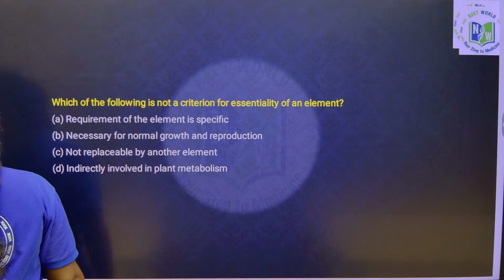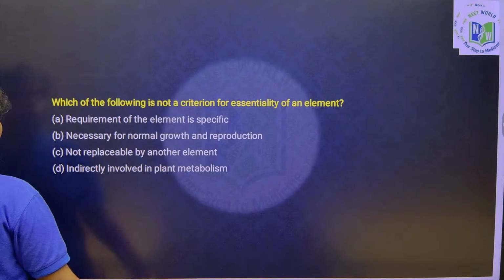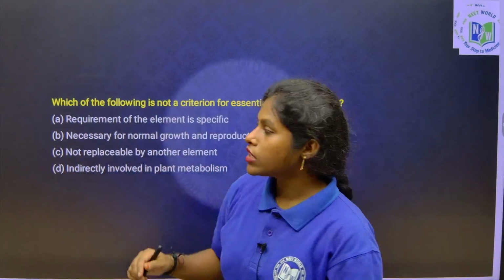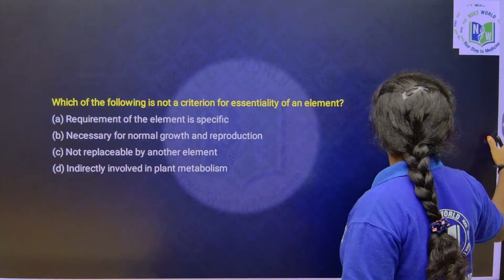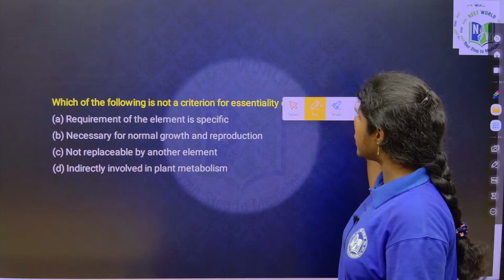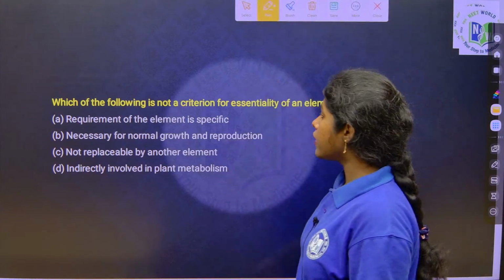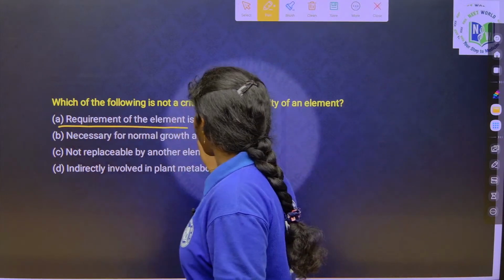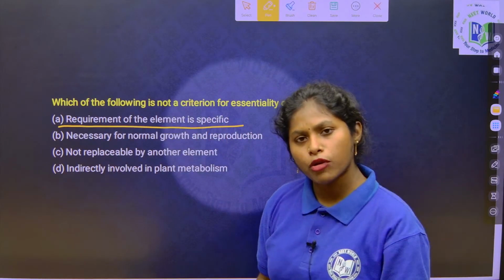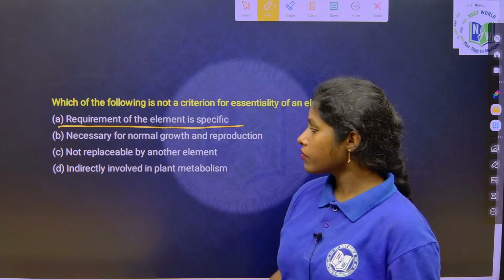Here is the next question, students. Which of the following is not a criterion for essentiality of an element? While studying the chapter, students, we know that the criteria of essentiality of each element are very specific, right? The requirement of the element is very specific. Even if the requirement is in low amounts, it should be there, right?